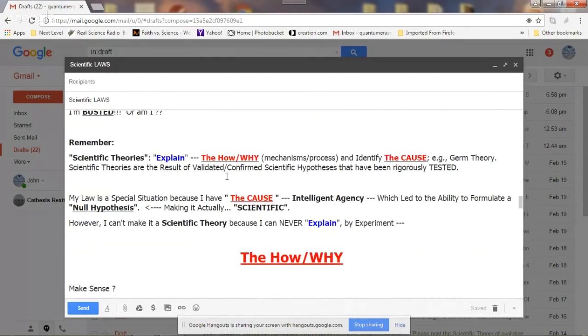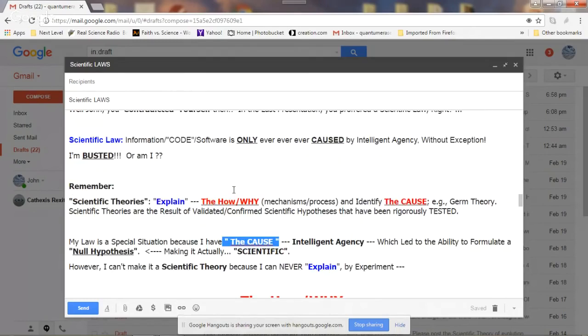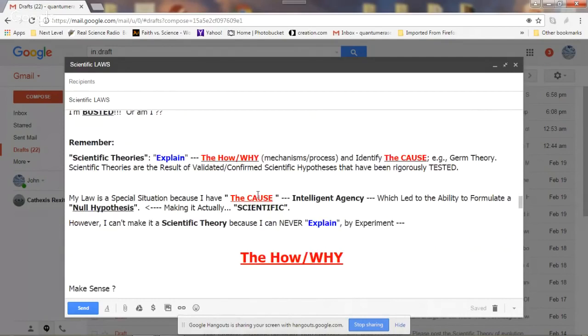So my law is a special situation because I have the cause, right? Whereas other scientific laws, like the second law of thermodynamics, I mean, you can list all the laws, there is no cause whatsoever. There's none. But in mine, I have the cause, right? Because it's intelligent agency. So I got half the equation there.